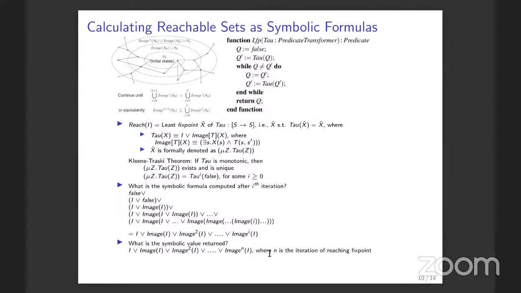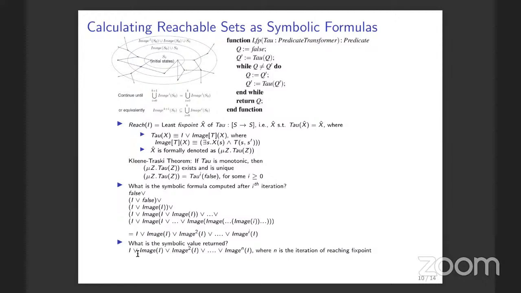So is that clear? Literally what it is returning, as a symbolic formula, is the formula denoted by this. If you expand the image out, the image itself is represented by this existential quantification. Therefore, each ith image will have i nested existential quantifiers.